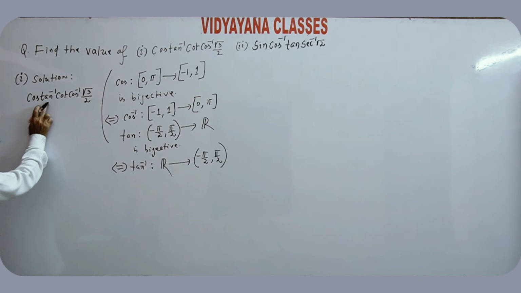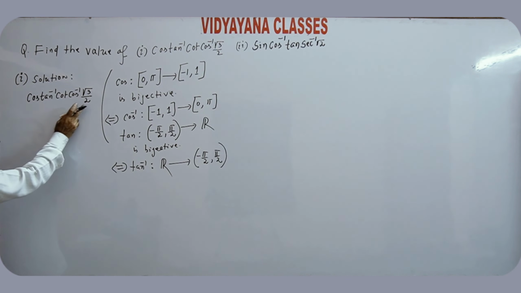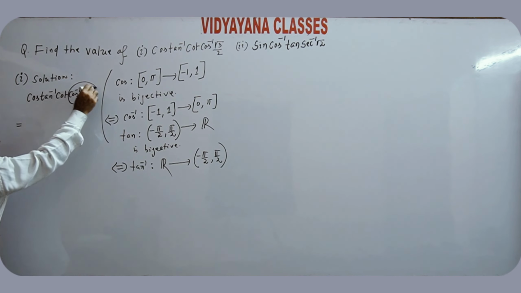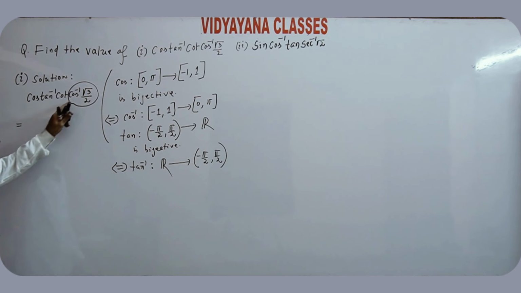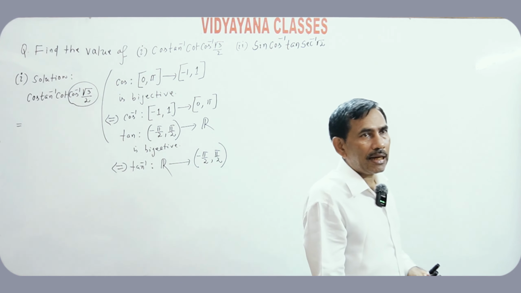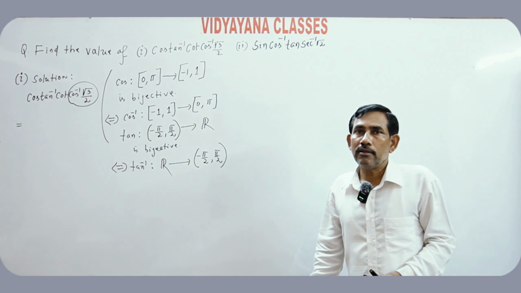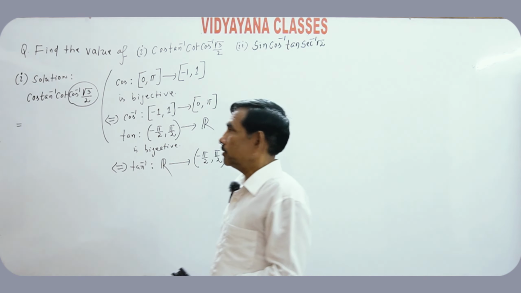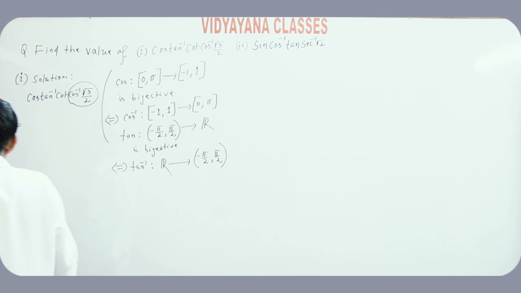Now cos tan inverse cos inverse root 3 by 2. What is the meaning of this? Cos inverse root 3 by 2 represents a radian angle, since every inverse trigonometric function represents a radian angle.